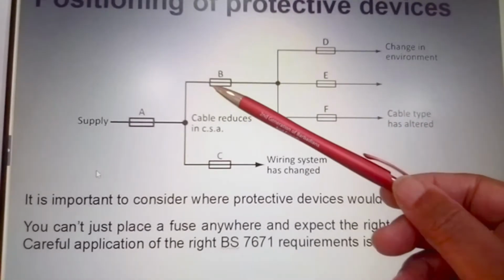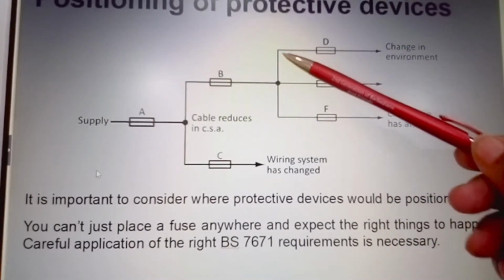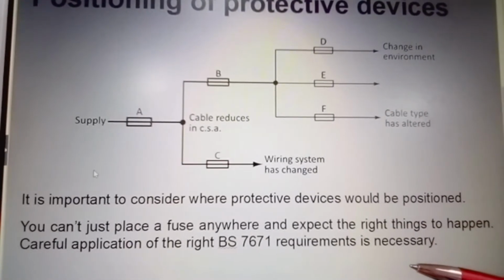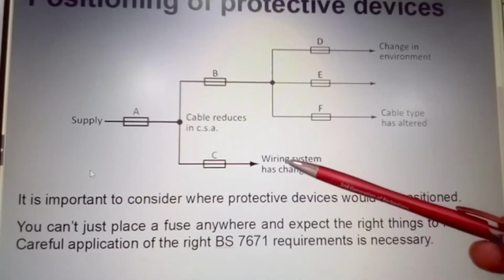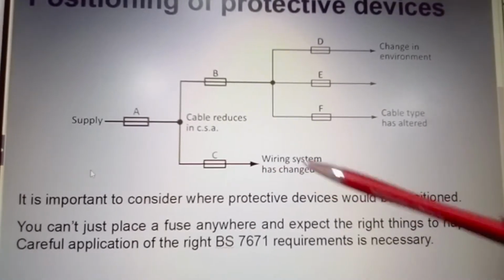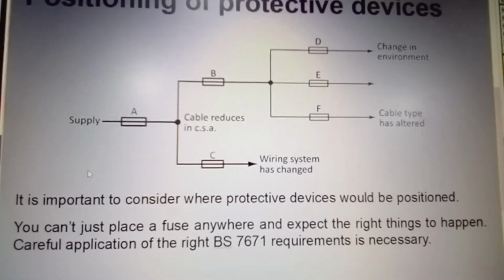So the cable size must be able to withstand the current being drawn by one, two, three phases. And similarly here as well. Again, you need to be aware that the cable size matters in regards to the current demand that you're going to be feeding.